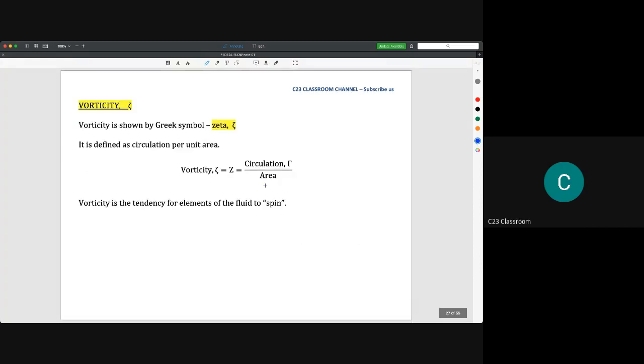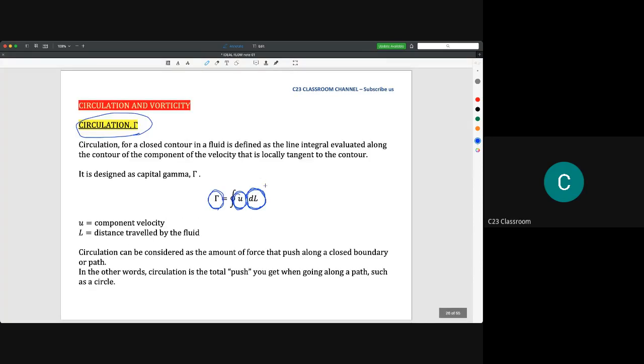So and then circulation here, okay, will change according to the area. Okay, yang di sini yang awak kena faham, because the equation of circulation, we have a distance traveled by the fluid. So means the longer the distance means the higher the value of gamma.